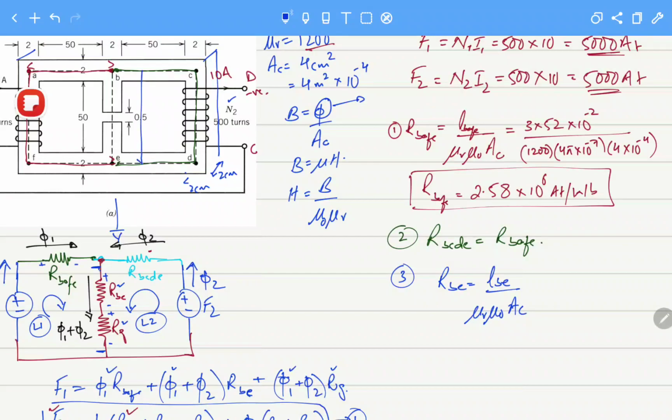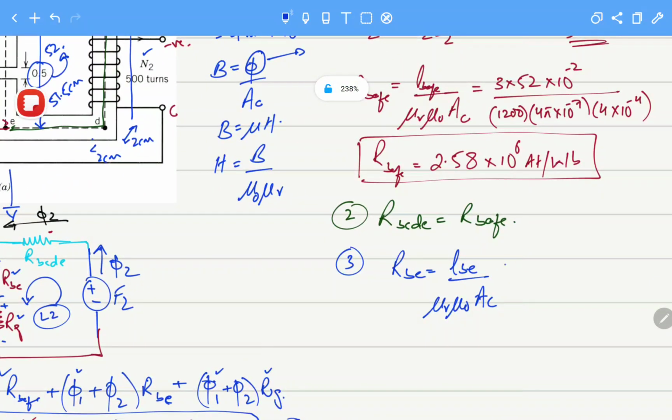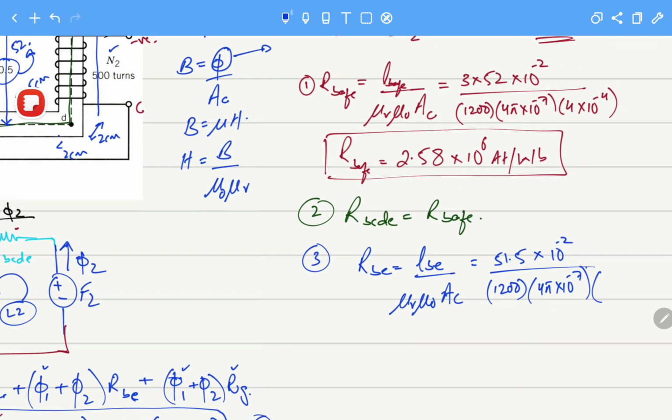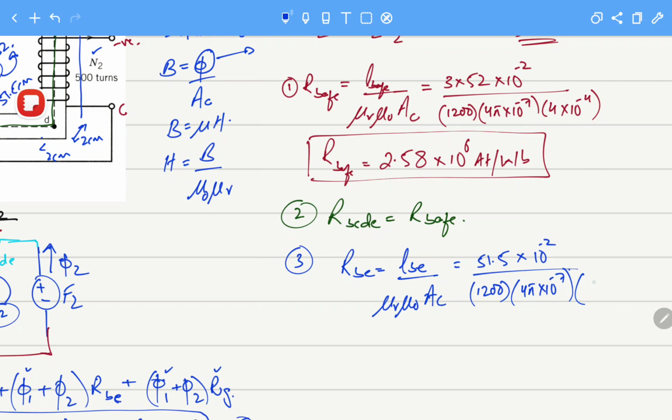From here to here we have 52, and if we subtract the air gap, it will become 51.5 centimeters. So this is 51.5 into 10 raised to power minus 2, and then we know mu r is equal to 1200, mu naught is equal to 4 pi into 10 raised to power minus 7, and the area of cross section is 4 into 10 raised to power minus 4.